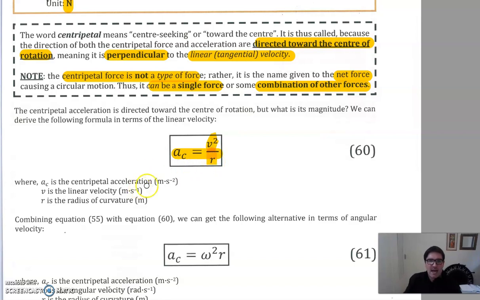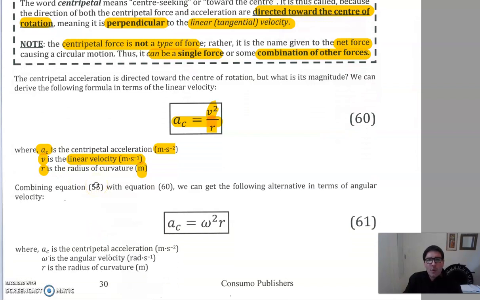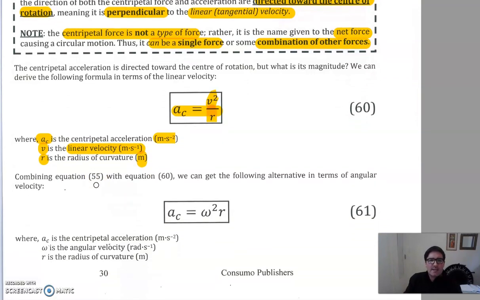So in other words, you just have meters per second squared left, which is equal to the unit of acceleration. Our linear velocity is in meters per second, and our radius is in meters. These equations we can then combine with equation 55 so that we have centripetal acceleration in terms of angular velocity.